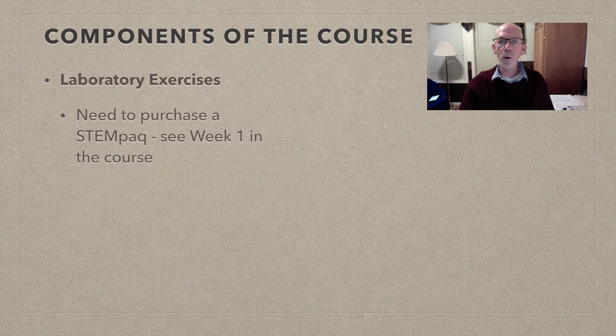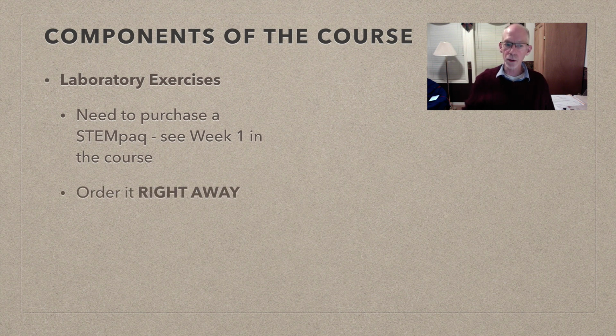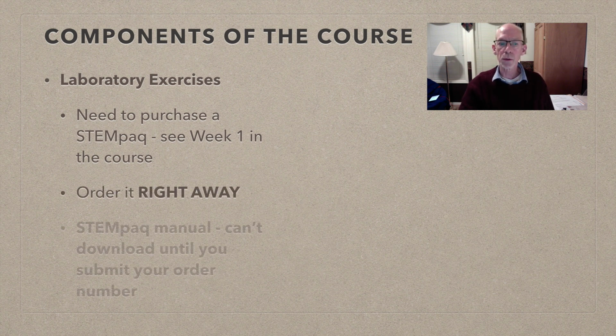In order to perform the laboratory exercises, you're going to need to purchase what is called a STIM pack. You can see information about this in week 1 of the course. And you're going to want to order this right away because one of the things you've got to do is use a STIM pack manual, but the system won't let you download that manual until you have purchased the STIM pack itself.